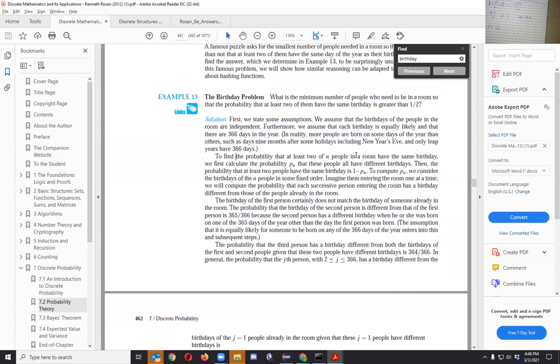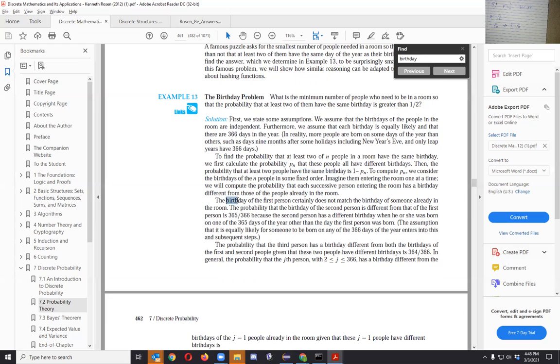At least two of the n people in the room have the same birth month. We calculate the probability of n that these people all have different birth months. The probability at least two people have the same birth month is, so we need to find p of n, and then we can find 1 minus p of n.